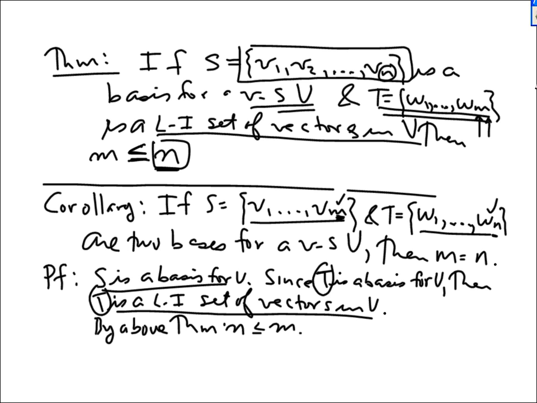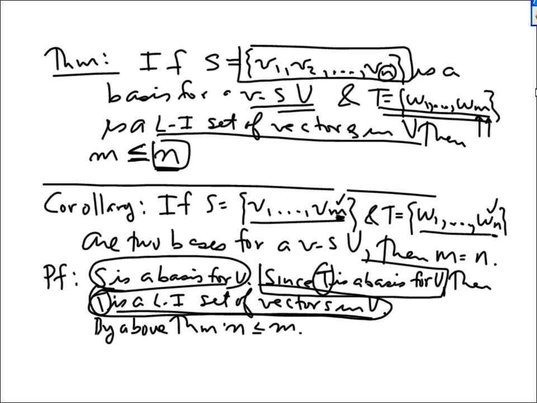So now I can reverse this. I can say that T is a basis for V, and since S is a basis for V, then S is a linearly independent set of vectors in V. Similarly, m is less than or equal to n.